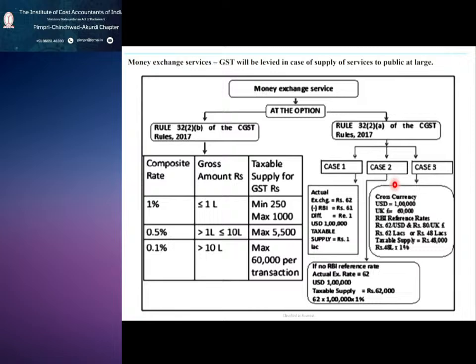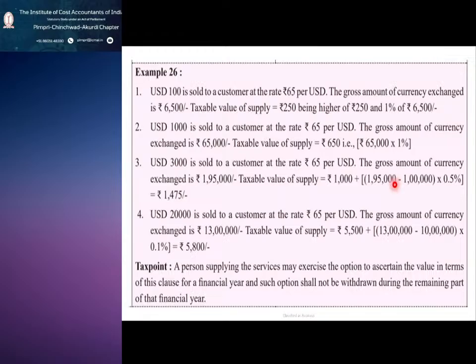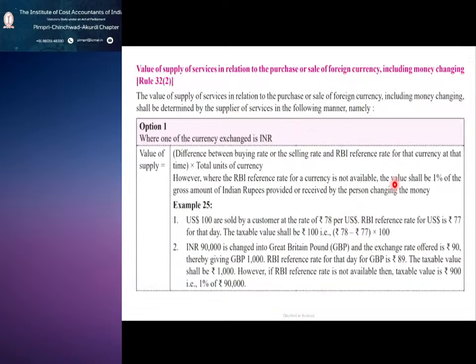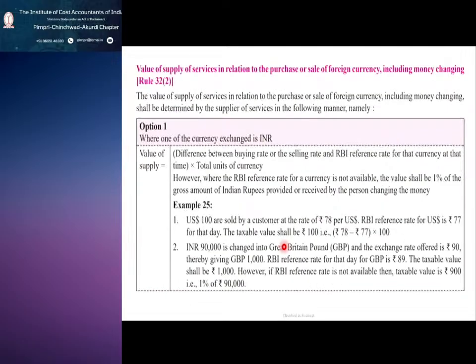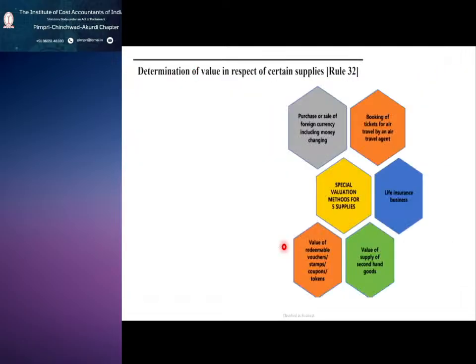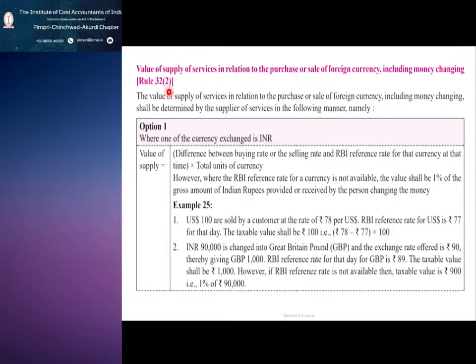Number 2, where the RBI exchange rate is not given. Number 3, cross currency, where the currency is not required in INR. If you are not comfortable with this table, you can have a look at our study material. So please go to this 32 subsection 2.